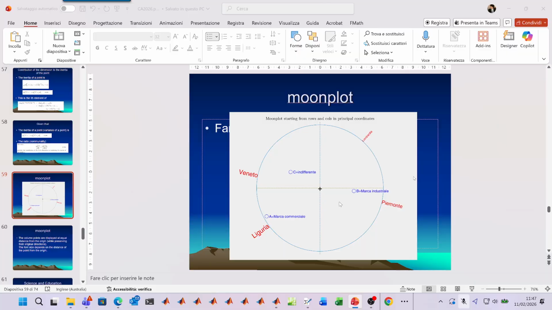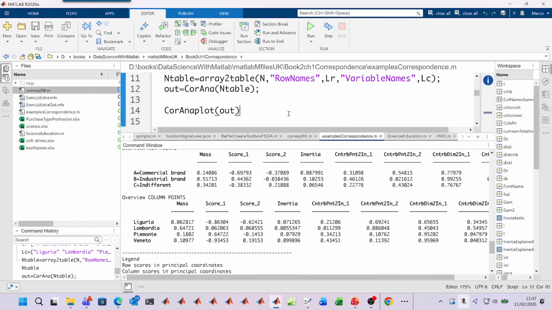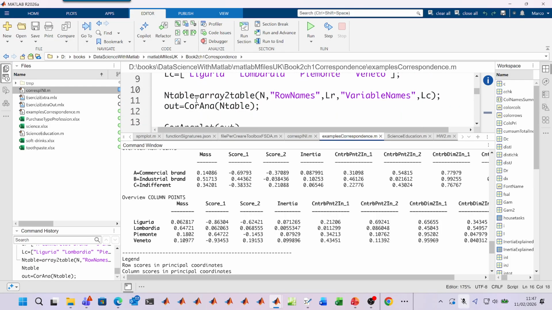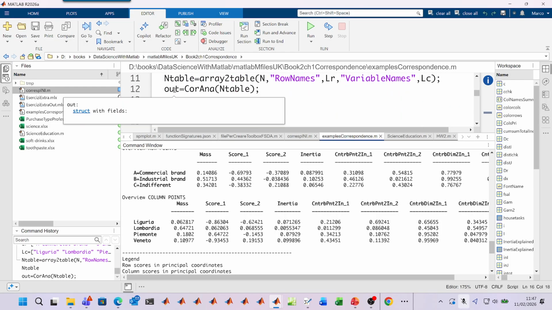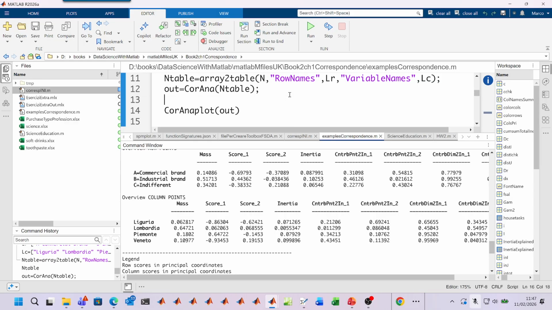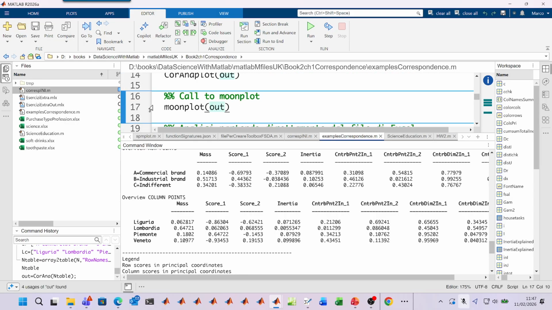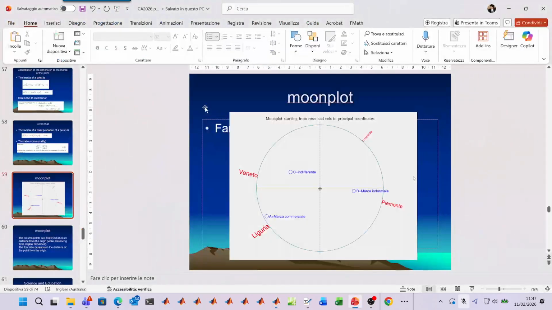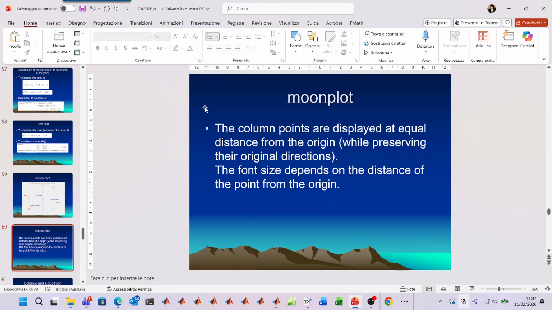Now, once you have obtained the output of correspondence analysis, there is the possibility of calling the so-called moon plot. What is the moon plot? Let me say something.